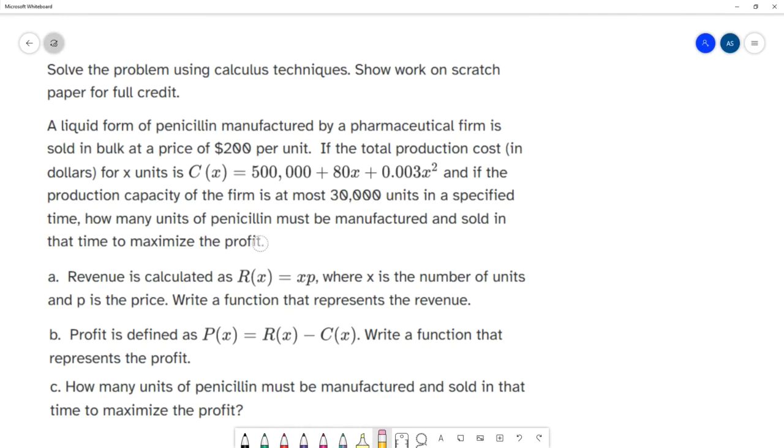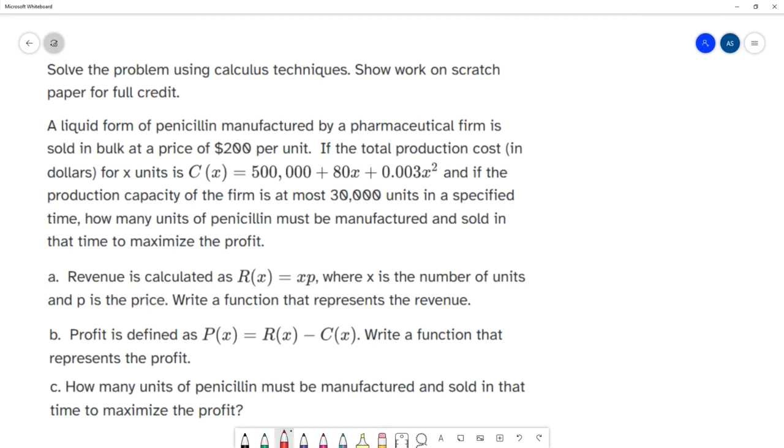Now, profit is calculated using the formula: profit is revenue minus cost. So before we can calculate profit, we need to figure out what revenue is. And there's a business formula for revenue, and that is X times P, where X is the number of units and P is the price.